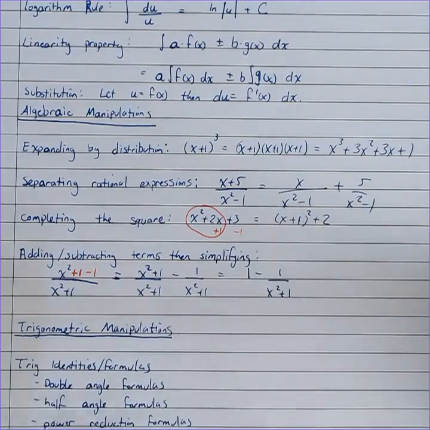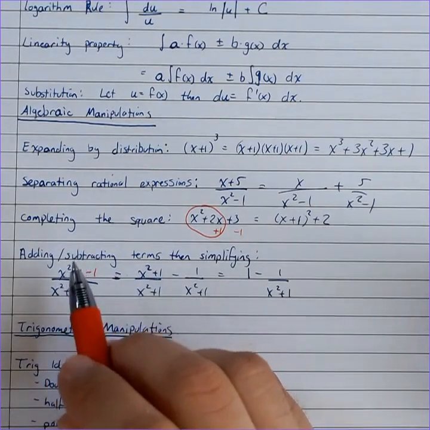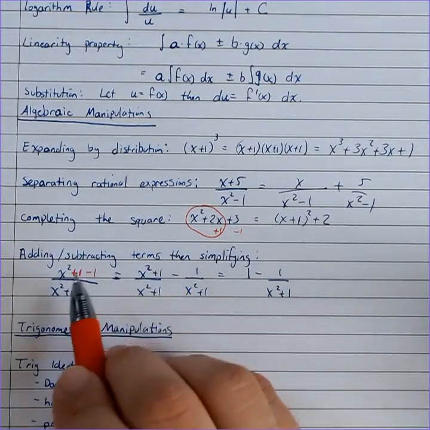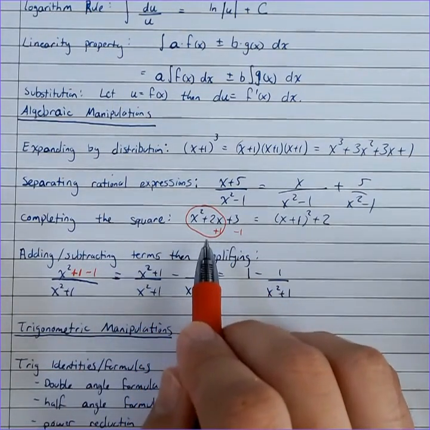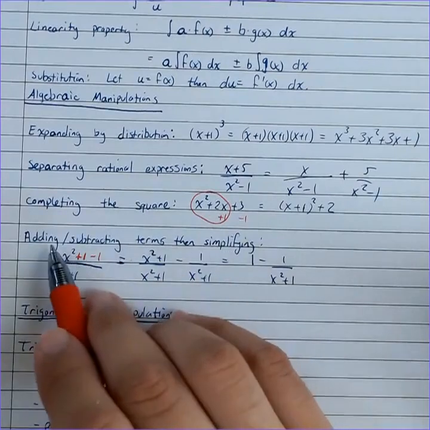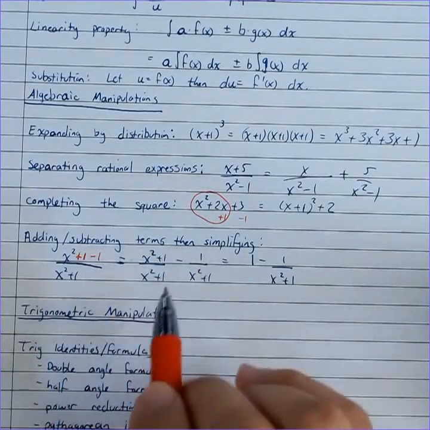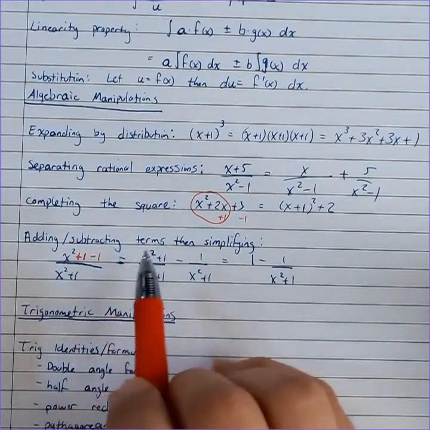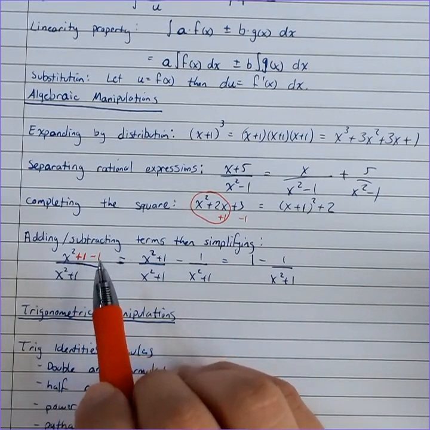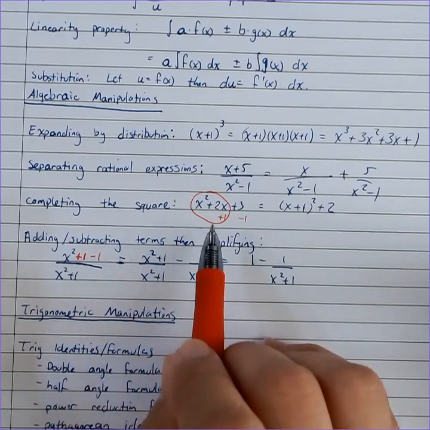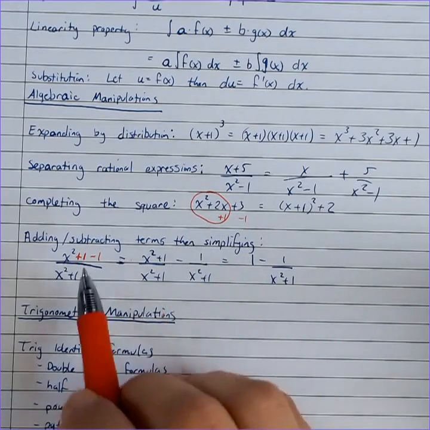And there we go. So a lot of the algebraic techniques that you learn, essentially the long way, long division and completing the square and things like that, you can make them slightly faster by using this technique of adding and subtracting terms and then simplifying. Be very mindful of this technique. It is something that's very useful and very nice to use, but you got to make sure that you're doing it correctly.